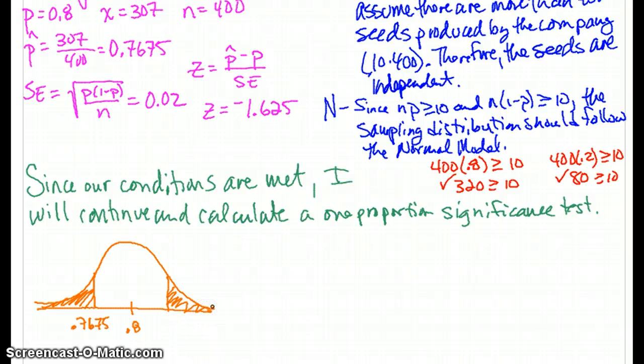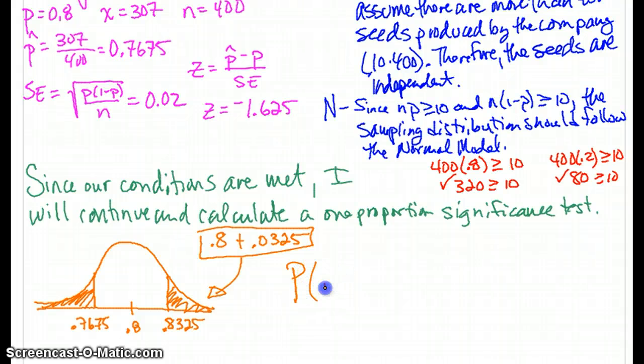Question for a lot of people is, how do we get that other number? Well, it needs to be symmetric. So if we are 0.0325 away from 0.8 to the left, we need to be 0.0325 away to the right. So that means we need to say 0.8 plus 0.0325. So this is 0.8325.